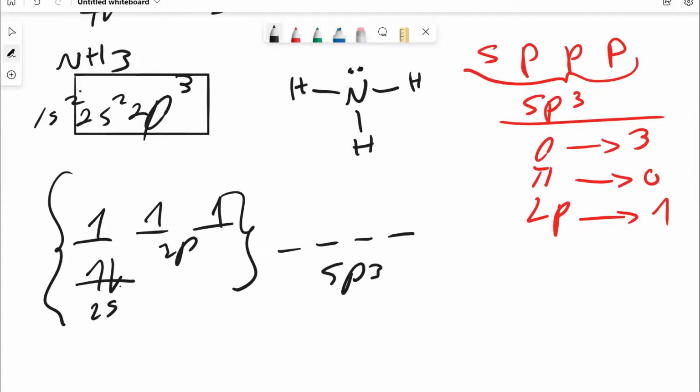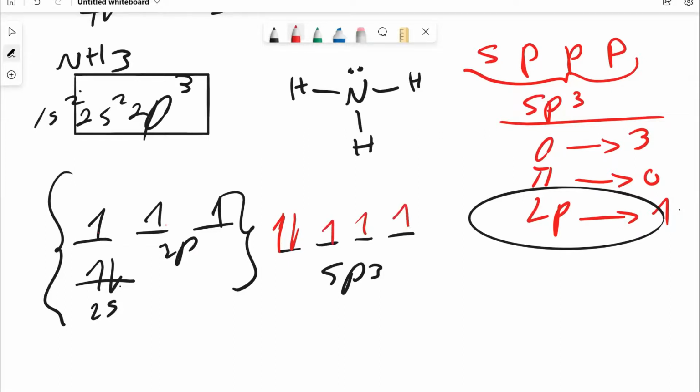Now you see, folks, whenever you have a lone pair, that means you have how many electrons? 2. If you have 2 electrons, go ahead and put the lone pair here. If I put the lone pair there, how many electrons am I left with? 1, 2, 3. And these 3 come from the 3 hydrogens, forming sigma bonds.